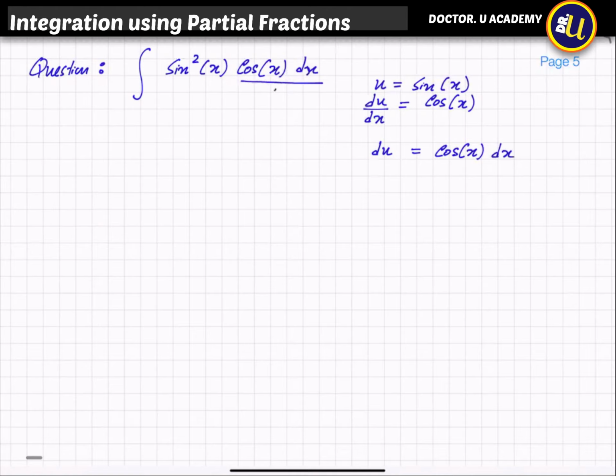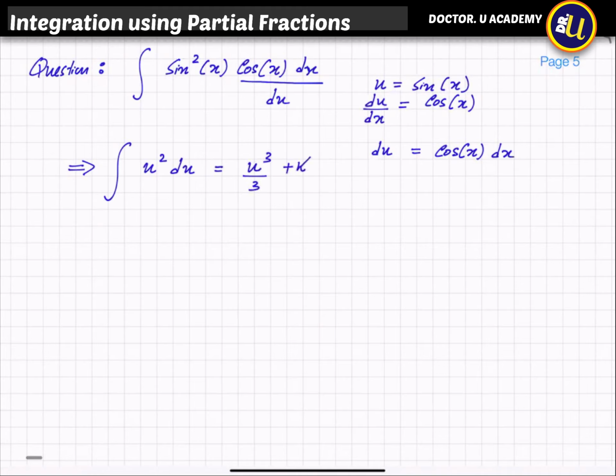So you can say this is du. Now it would be integration sine squared, and sine squared is u squared, times du, very easy. So this is going to be u cubed divided by 3 plus k.